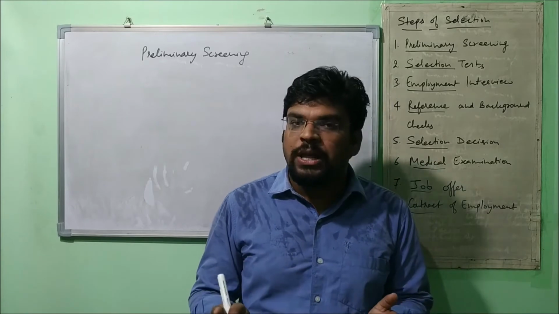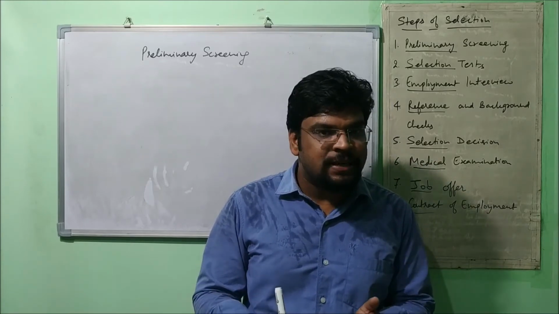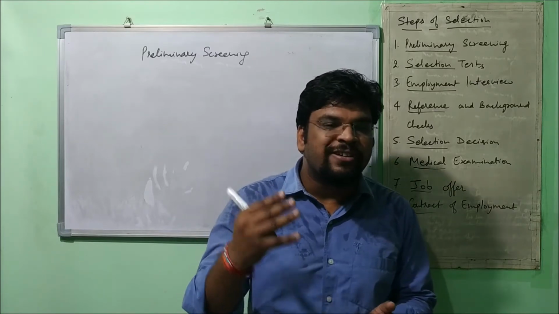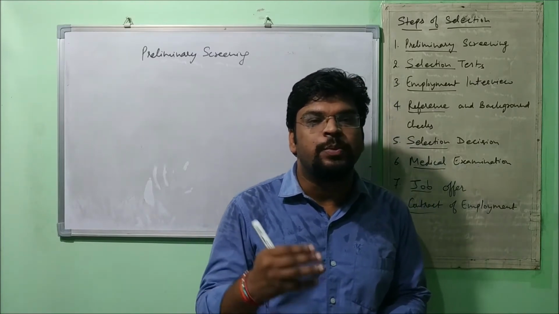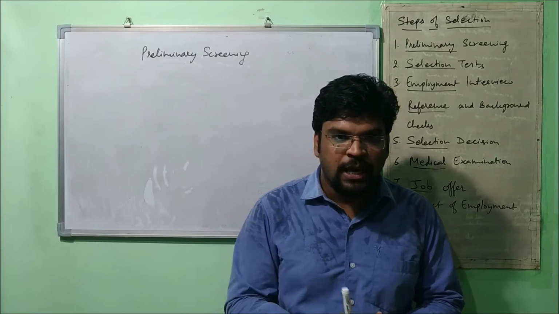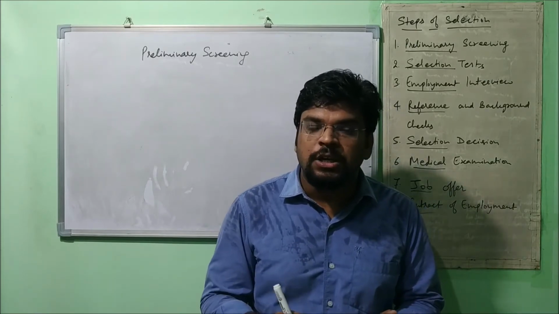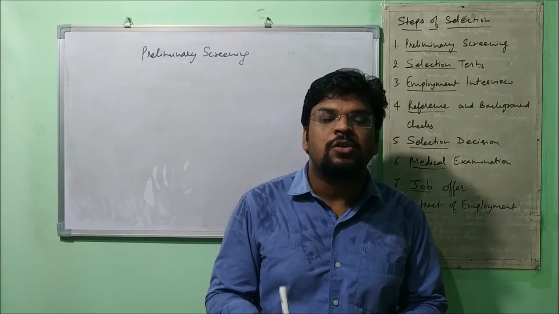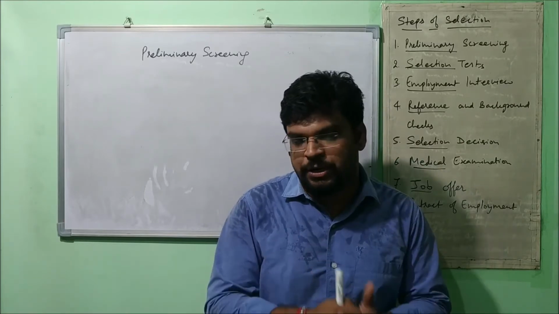So when the proper match is there, then a candidate is called for the first round interview, which is known as the preliminary interview. But if he or she is lacking somewhere, then he or she is rejected immediately. How?